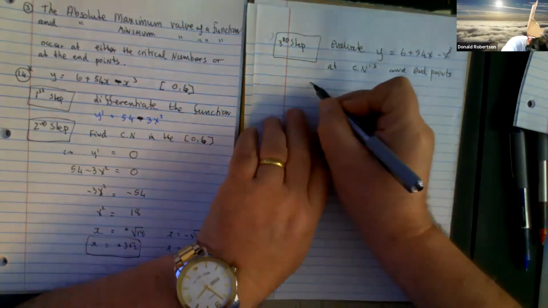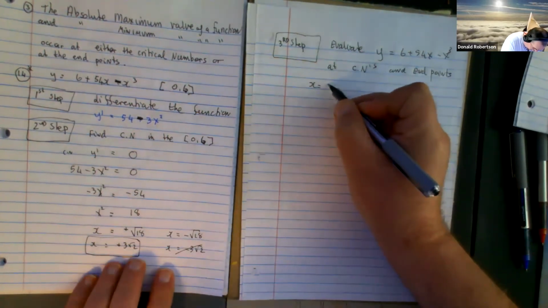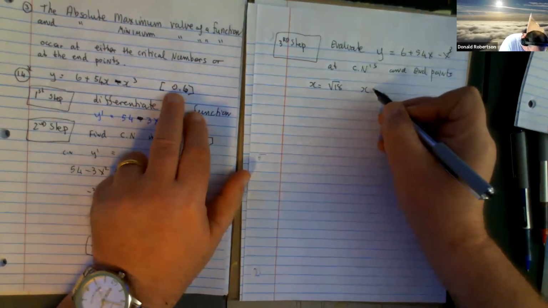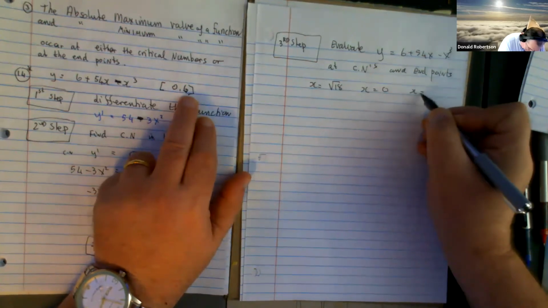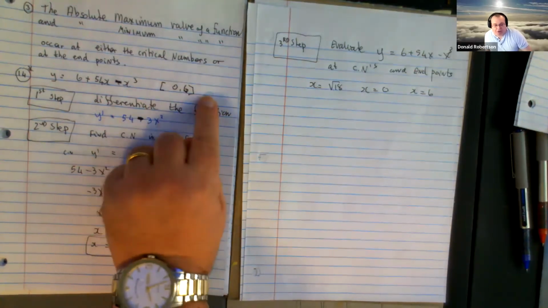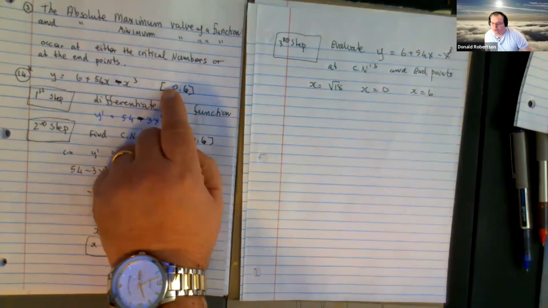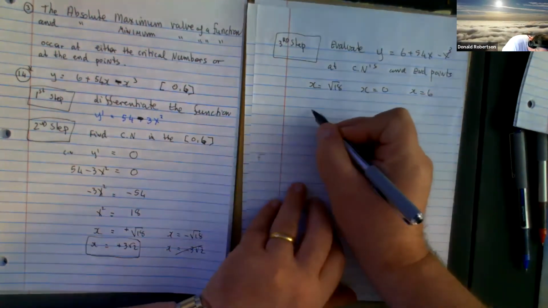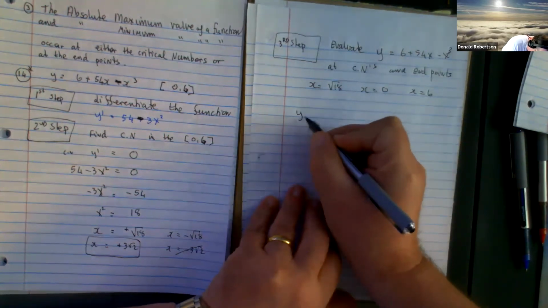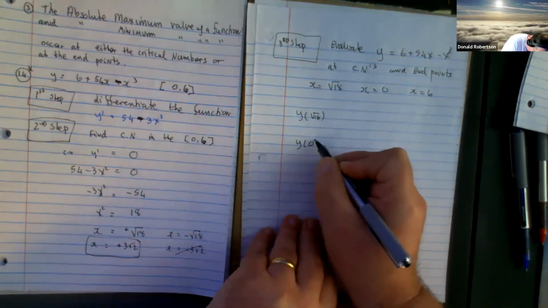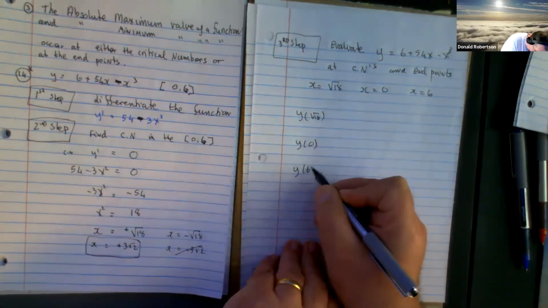So in this case, the critical number was square root of 18, and the endpoints are these guys, 0 and 6. They are called the endpoints. So if the interval's from 10 to 20, the endpoints are x equals 10 and x equals 20, for instance. So the value of the function at root 18, the value of the function at 0, and the value of the function at 6.